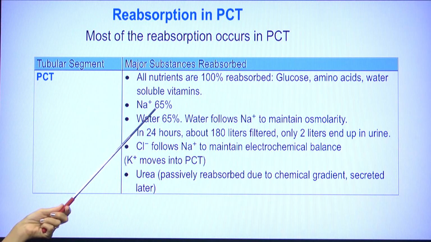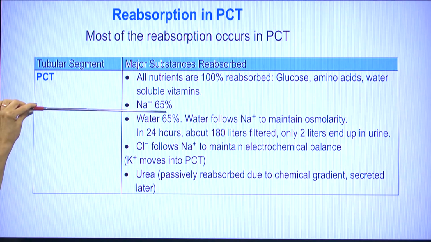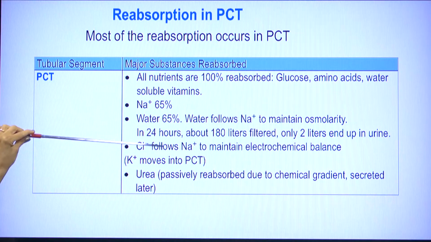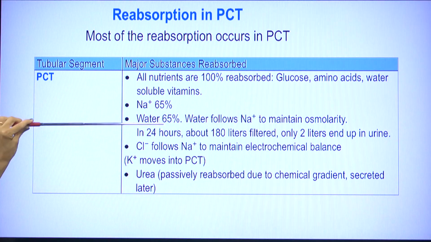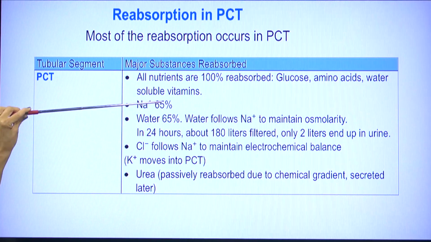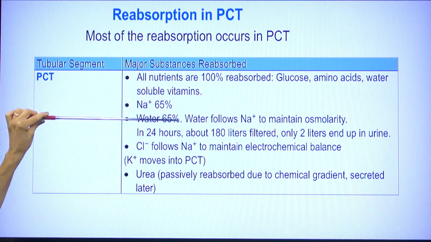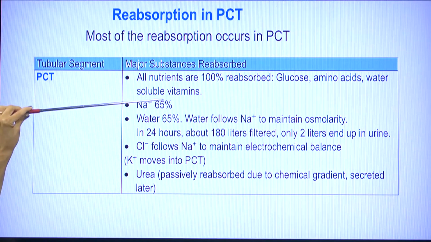About 65% of sodium is going to be reabsorbed, and when sodium moves, it's going to affect two other substances here. We know that water follows the salt, so around 65% of water is going to be reabsorbed following sodium.